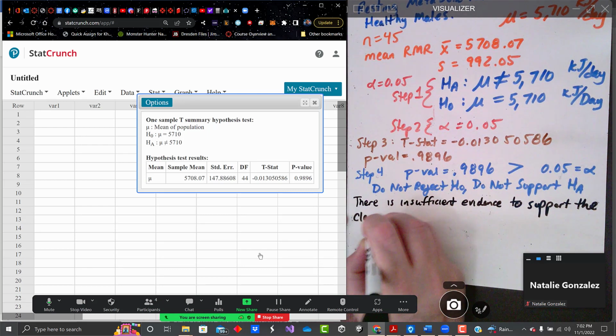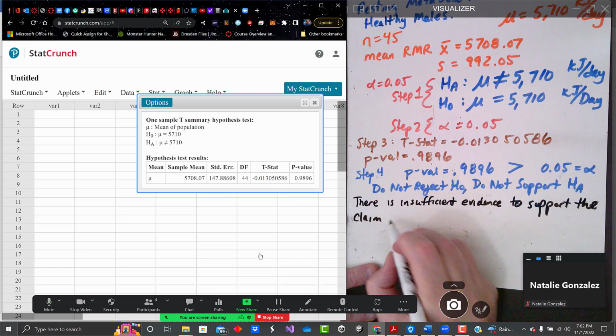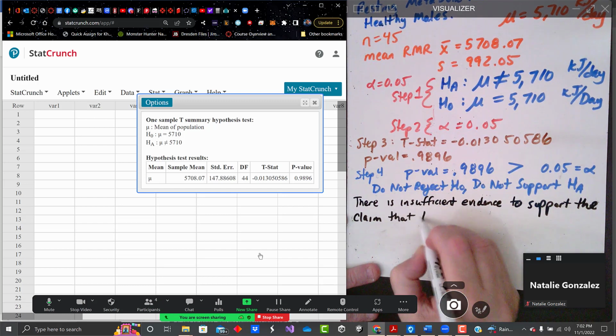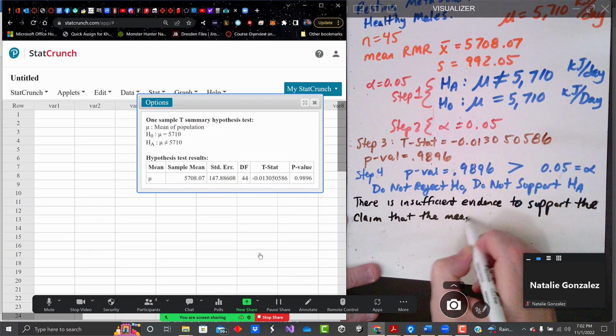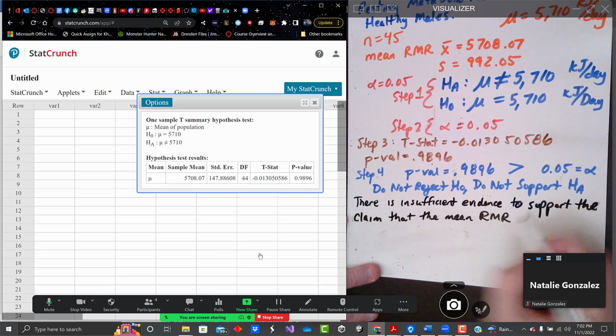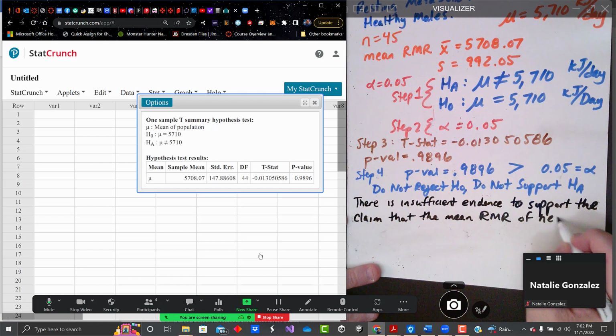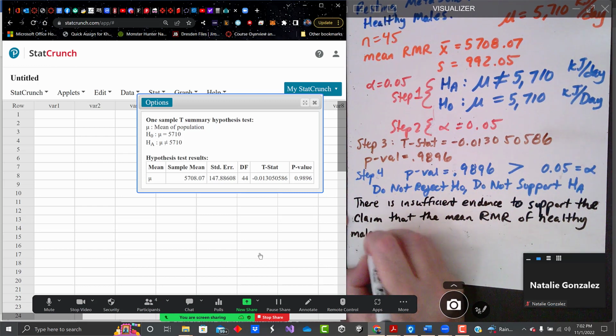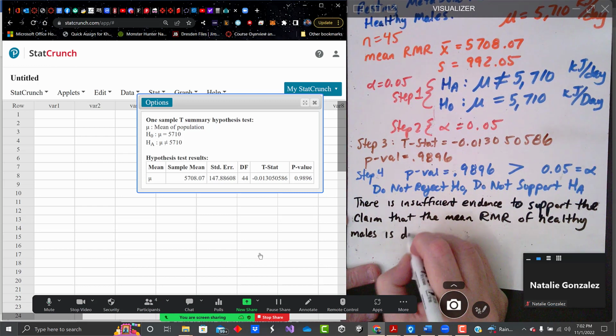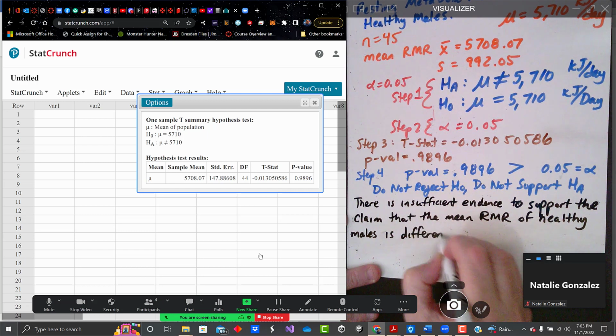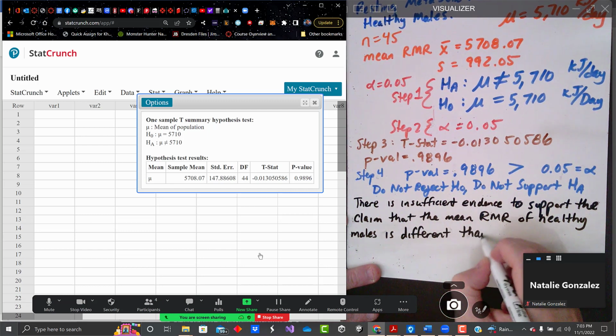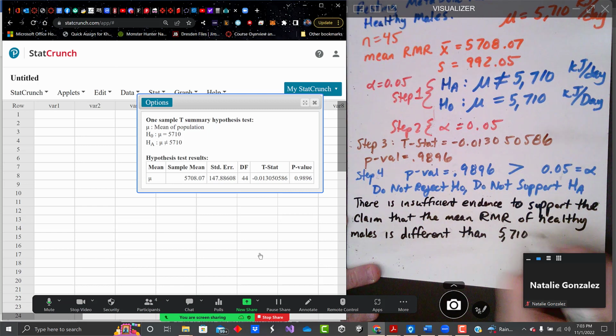The claim is that the mean RMR of healthy males is different than 5,710 kilojoules per day.